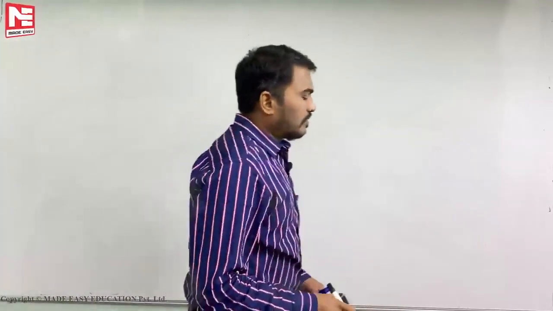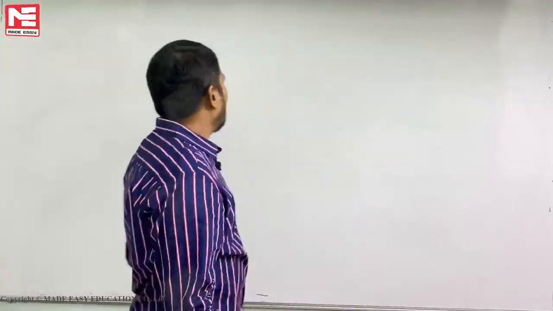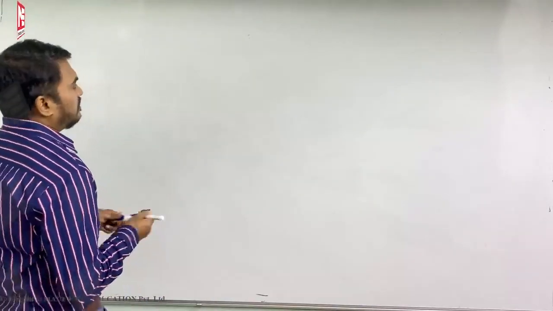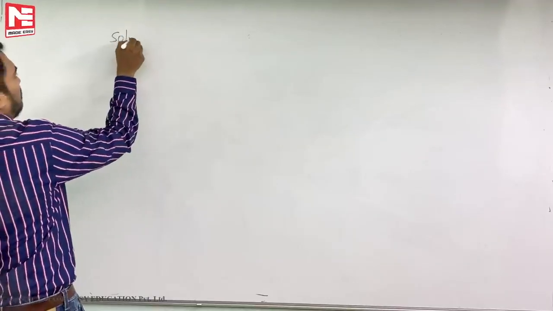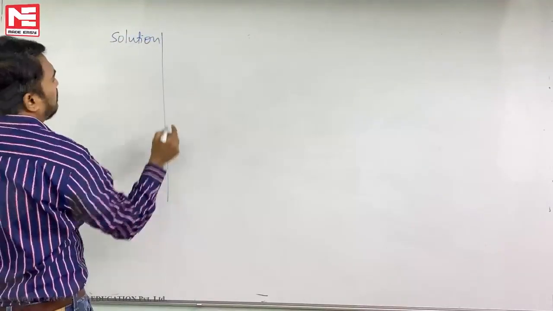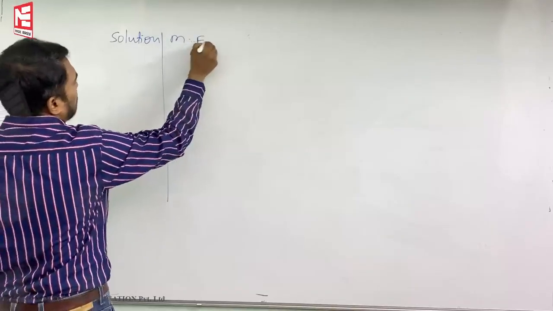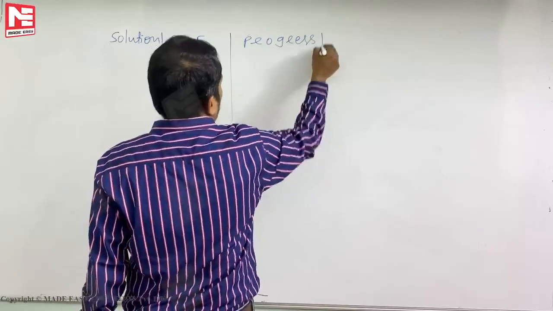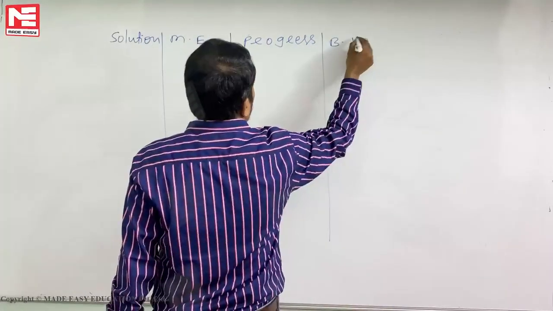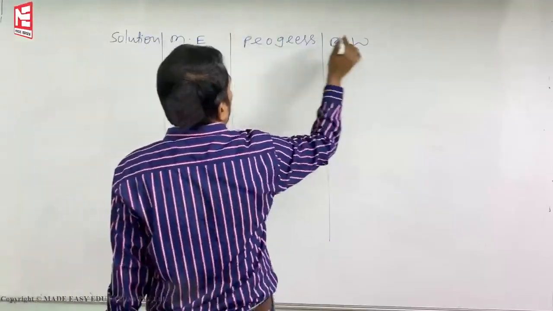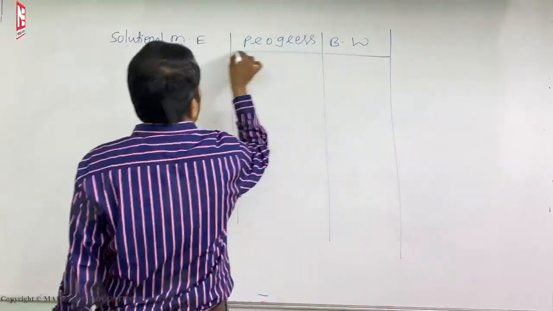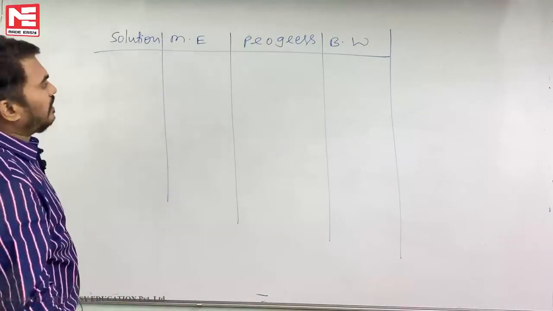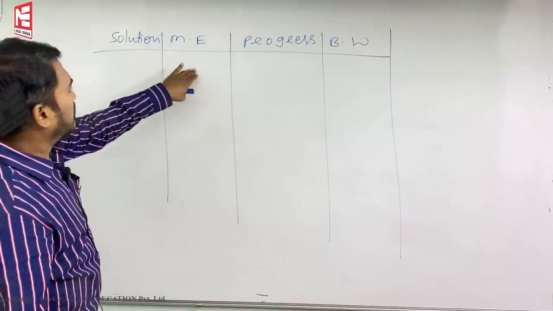Okay, so now understand here next point. Let's make the table with all the properties. Just for easy understanding, note down the solution and we'll see all the properties: mutual exclusion, progress and bounded waiting.